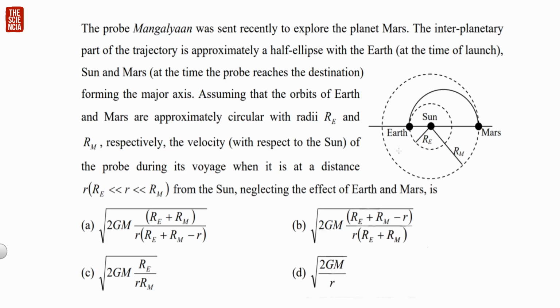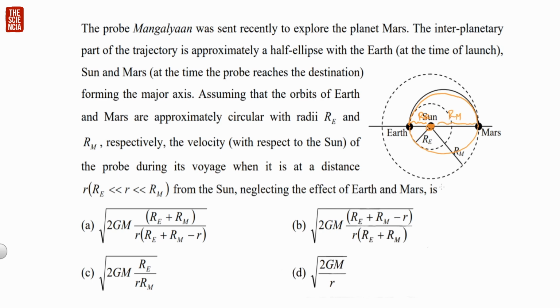This one is a previous CSIR NET question, and it is a part C problem also. The question is, Mangalyaan is sent to Mars and it traces an elliptical orbit. And for this elliptical orbit, you can see Sun is at one of the focus. And this distance is given, that is RE. And this distance is given, that is RM.